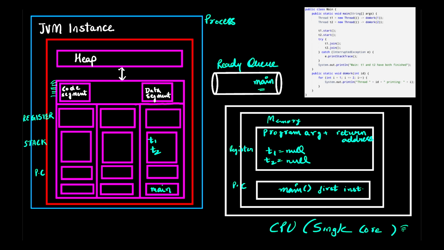And now the CPU program counter points to the next instruction, that is, thread T1 equal to new thread. After executing these 2 lines, the main stack now contains T1 and T2, both referencing new thread objects.